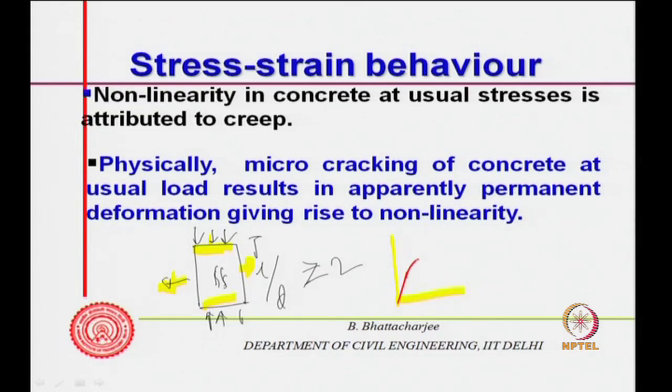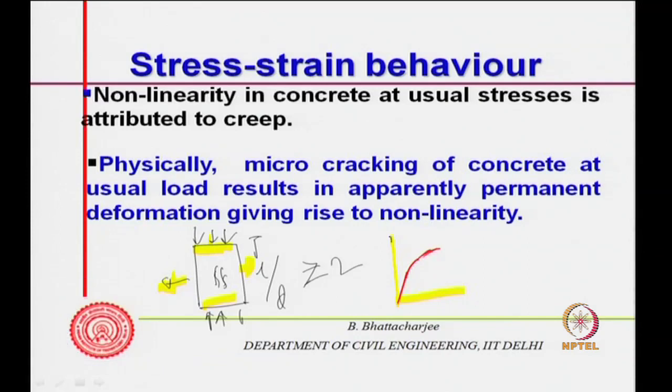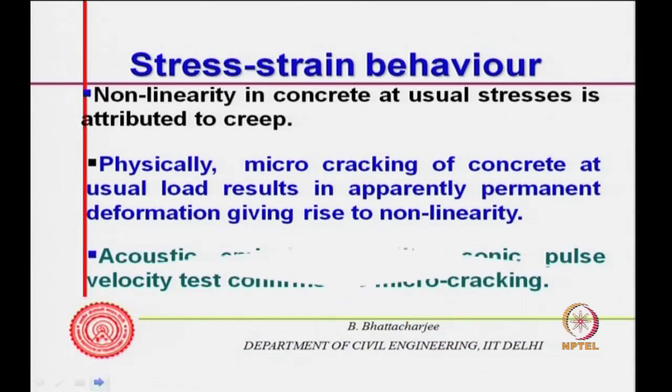So, the modulus changes, and if this modulus is continuously changing, then it will show non-linear behavior, and if these cracks do not close, then it will show permanent deformation when it is coming back. That is the basic explanation for why it shows non-linear behavior.